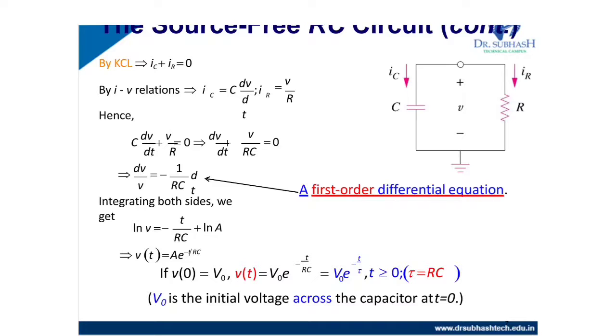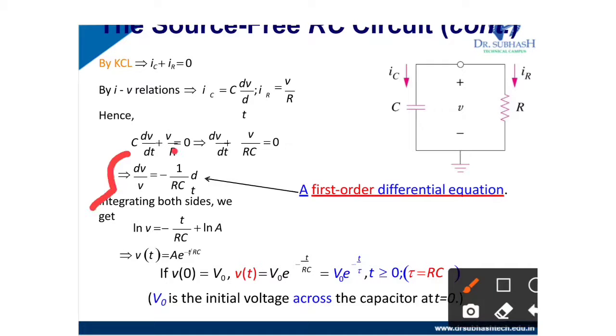By integrating both sides with respect to V and t, we get log V, because the integration of 1 upon V is log V, equal to minus t by RC plus log A, where A is the constant.